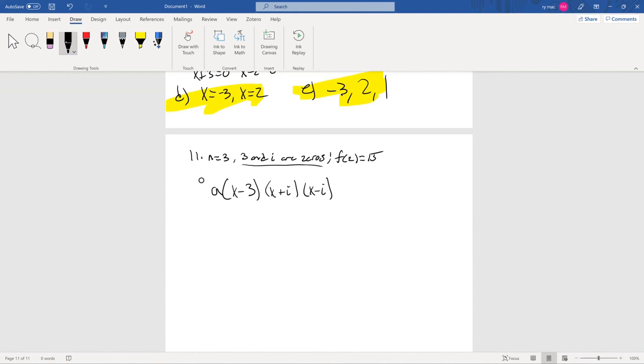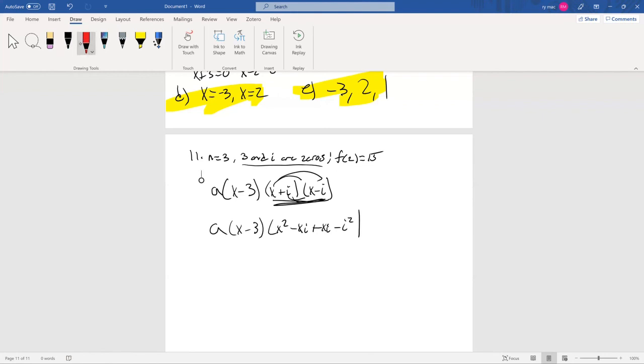All right, so the first thing we're going to do is double distribute our second half here. The whole point of this is to kind of get rid of those i's. I do not like i's, don't know how to work with them, so let's get rid of them. So the front stays the same, a times x minus 3. This turns to x squared minus xi plus xi minus i squared.